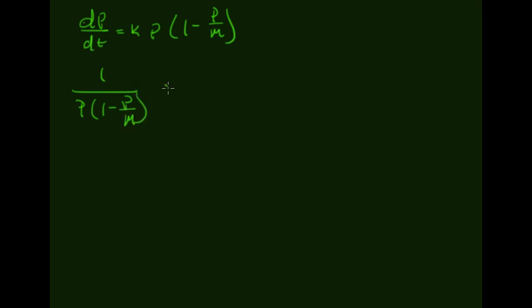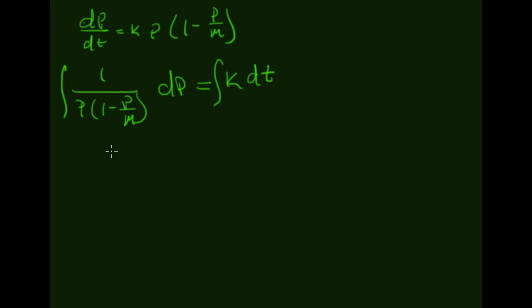Okay, so we have to solve this ordinary differential equation, which is dp dt is equal to k times p times 1 minus p over m. This is separable. So this is going to give me 1 over p times 1 minus p over m dp is equal to k dt, and we can take the integral of both sides.